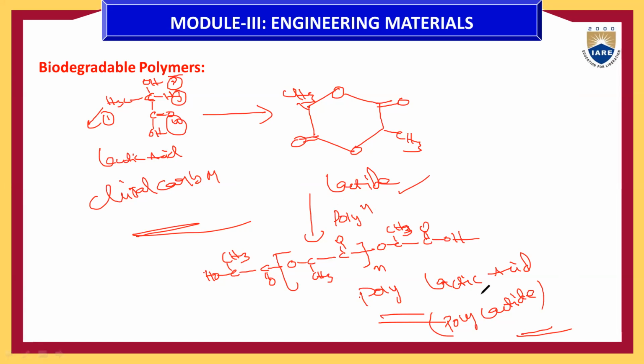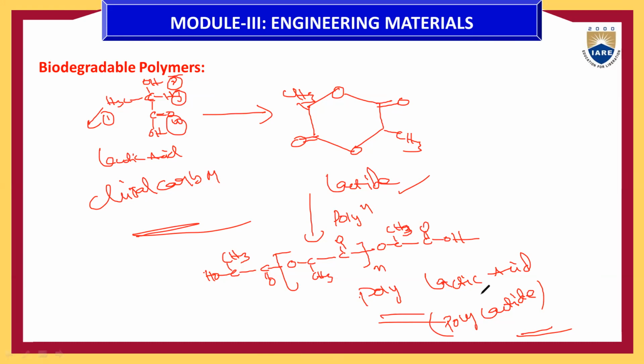So this polylactide has some special properties: resistance to sunlight, moisture, acid, alkali, and good transition temperature, with melting points of 173 to 180 degrees centigrade, and it can withstand high temperatures, approximately 110 degrees centigrade.